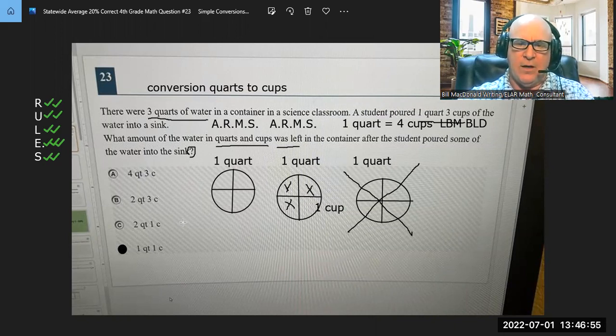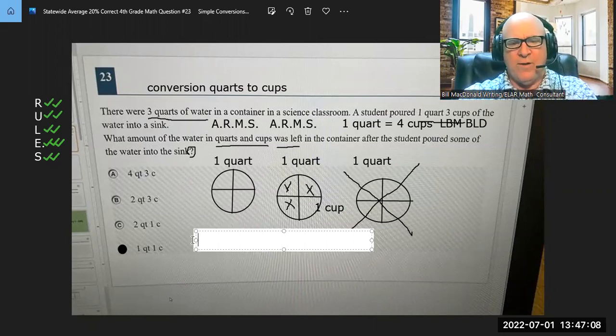So maybe take a screenshot of this and remember a couple of things that I had said that are going to be important concepts whenever you're doing conversions without having to do all these extra fancy steps.